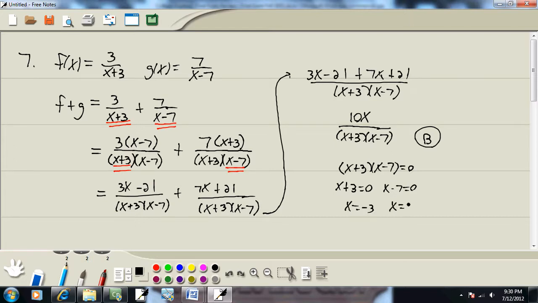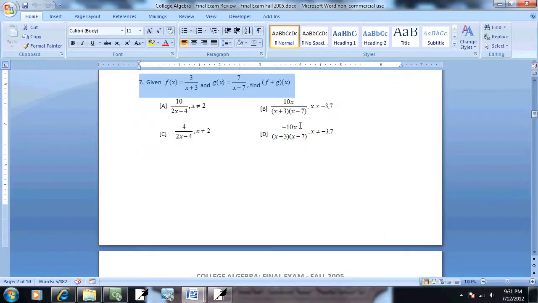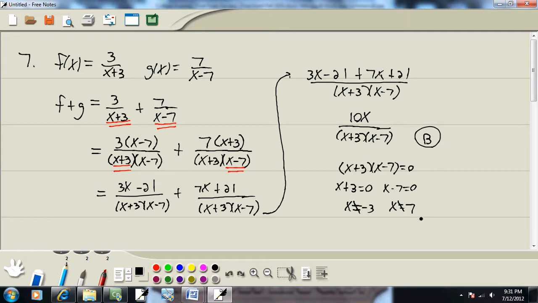We get negative 3 and positive 7. These are the values that, if I put them up here, will give me a 0 in the denominator. 7 minus 7 is 0, and 0 times anything is 0. So these are the values we cannot have. We put a slash through them like that, and that's what they're indicating there: x cannot equal negative 3 and 7.